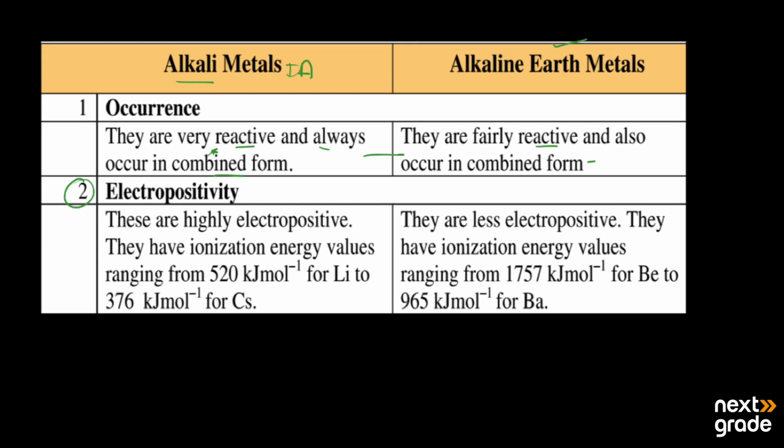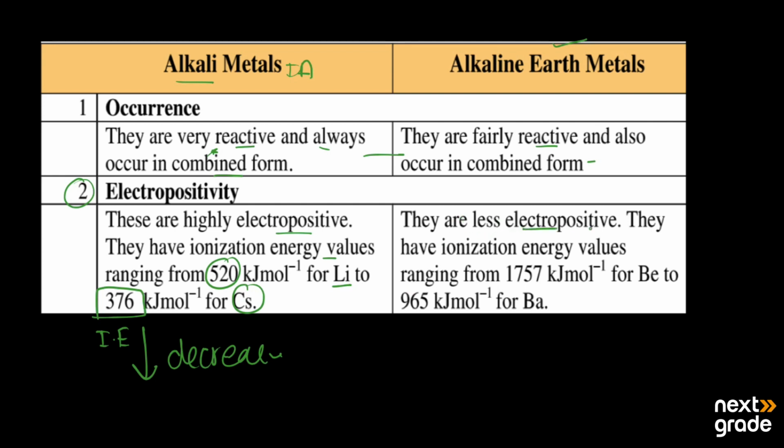Then their electropositive character. They are highly electropositive, and the ionization energy values range from 520 for lithium to 376 for cesium, the last metal. It means the ionization energy decreases from top to bottom. Then we have the alkaline earth metals.